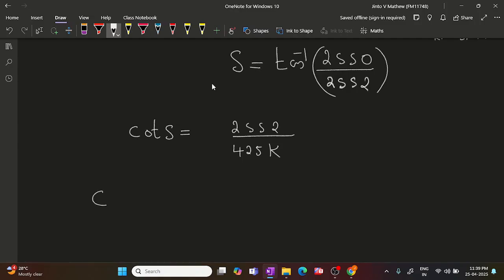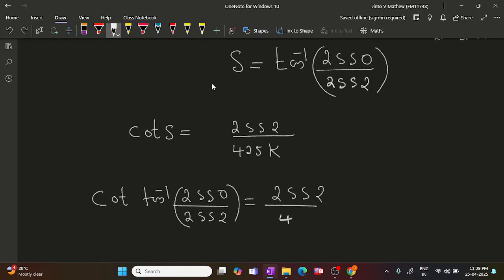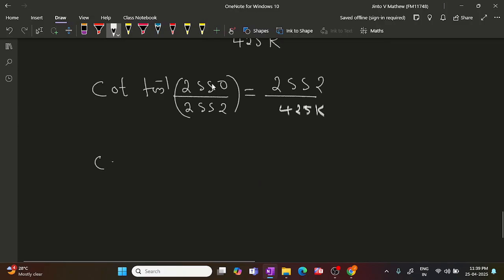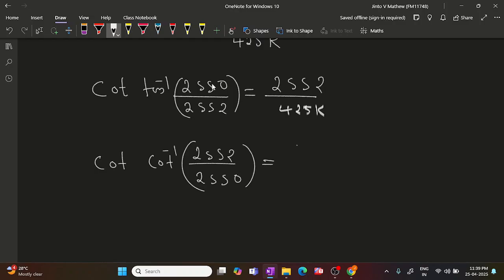Now let us write our S here. Our left hand side is cot of tan inverse 2550 divided by 2552, which is equal to 2552 divided by 425k. We will write this tan inverse in terms of cot. So it is cot of cot inverse 2552 divided by 2550, which is equal to 2552 divided by 425k.